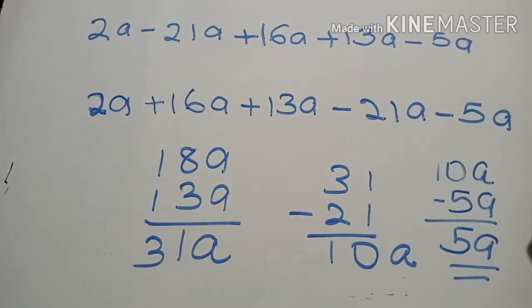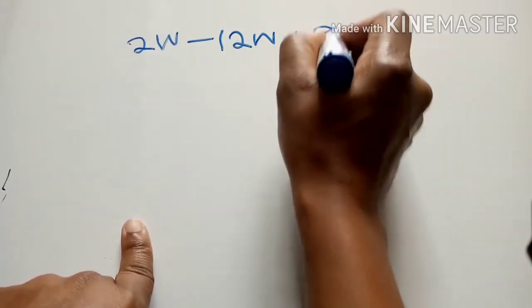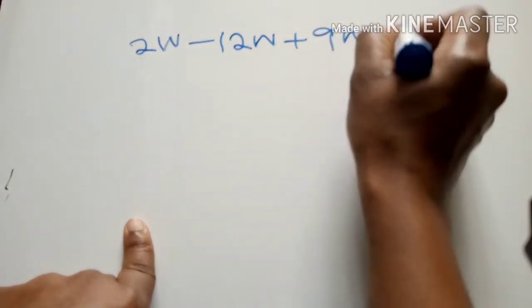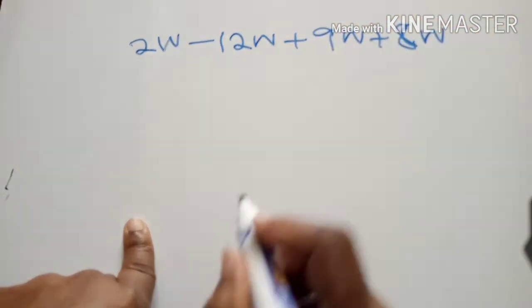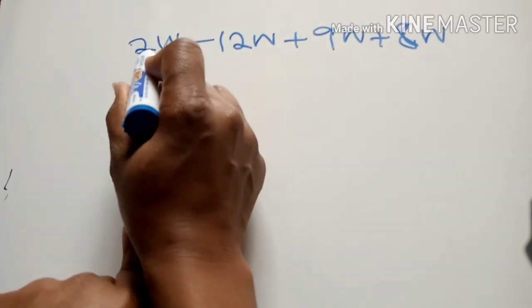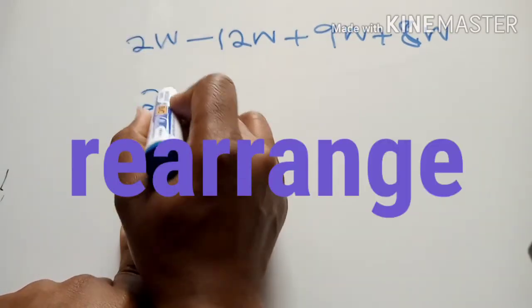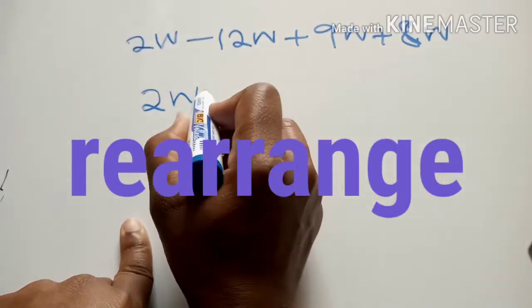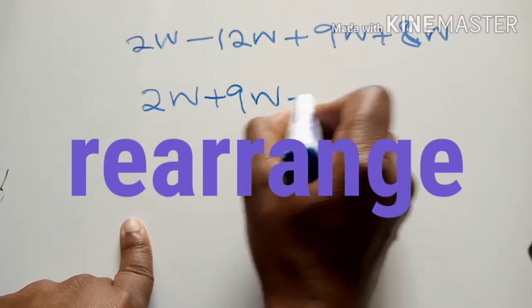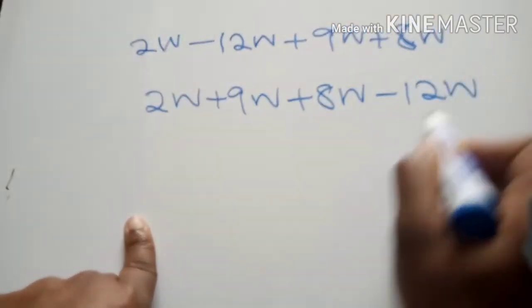Okay? 2w minus 12w plus 9w plus 8w. So here we will have to rearrange this because you can't have 2w take away 12w. So we will arrange 2w plus 9w plus 8w, and then finally we subtract 12w.